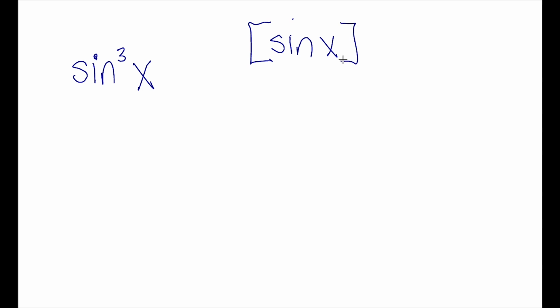Okay, and finally, let's talk about if we have an exponent in our function. Sine cubed x. So this is the same thing as sine x to the 3rd power. Remember, they just write it this way because it looks nicer. So we're going to find the derivative of the inside, which would be cosine x.